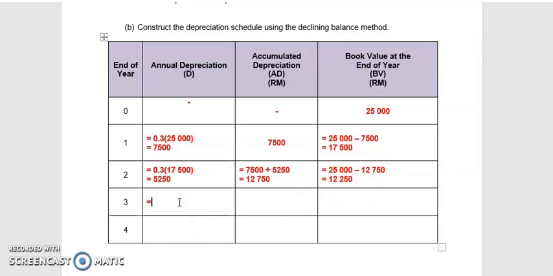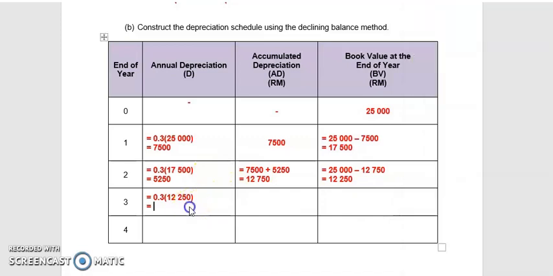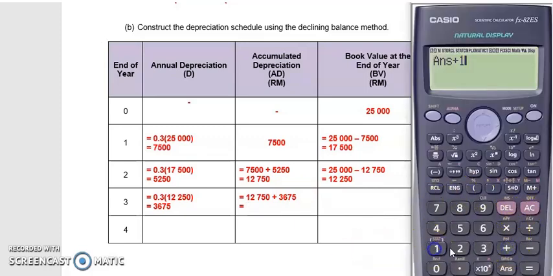Next, in the third year it depreciates another 30% from the previous book value, 12,250, which is the book value of year 2. So multiply by 0.3 to get 3,675. Accumulated depreciation is 12,750 plus 3,675, which equals 16,425.